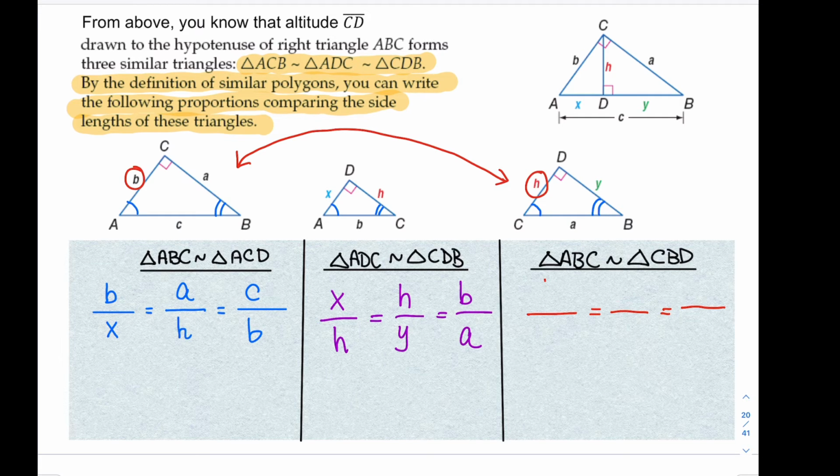Correspondingly, B goes with H, so we make a fraction with that. Next is side A corresponds with side Y, so we make the ratio A over Y. And C over A.